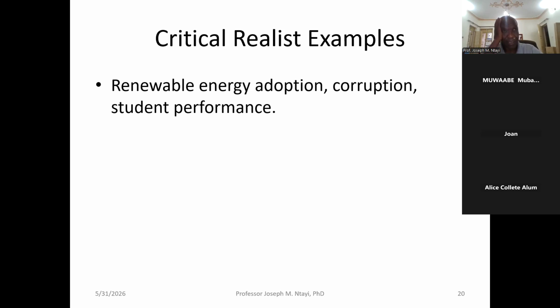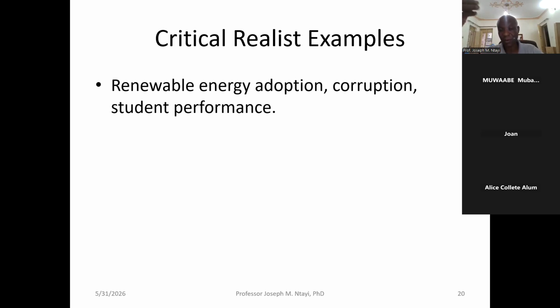So let's imagine that the issue we are concerned with is the issue of renewable energy adoption. So we discover that we've got communities around us. Like in my case, you have a community this side, I have a community in front of me, I have a community this other side, I have a community behind me. So we may discover that these communities actually possess similar economic characteristics.